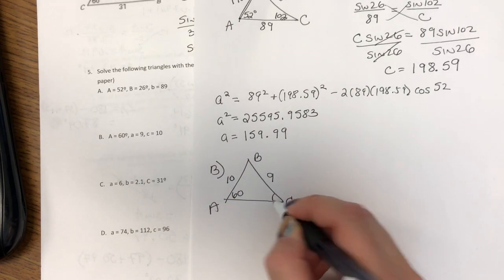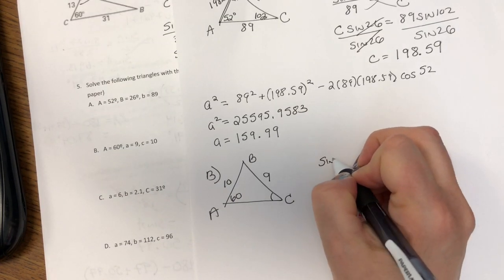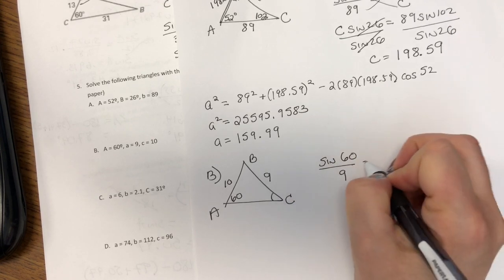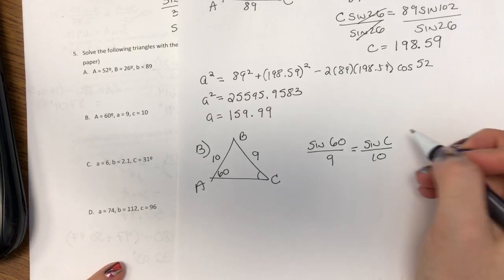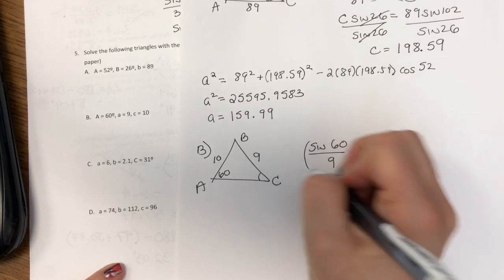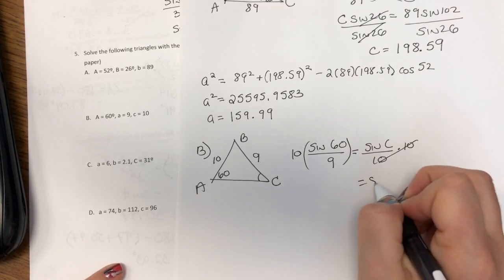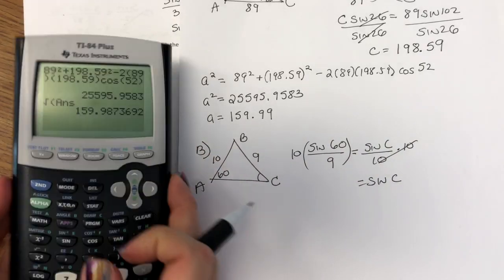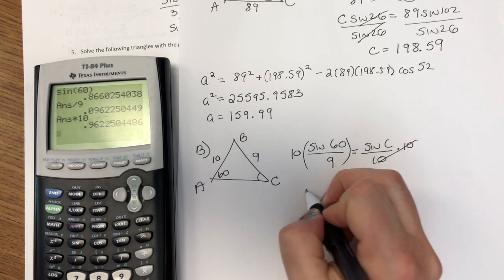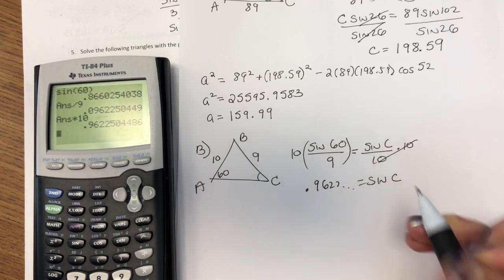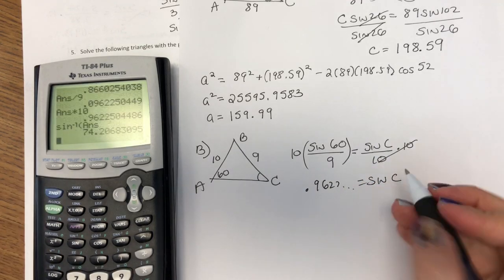So we're locked into finding angle C first, just based on our given information. I'm going to multiply both sides by 10. So sine inverse of that answer.